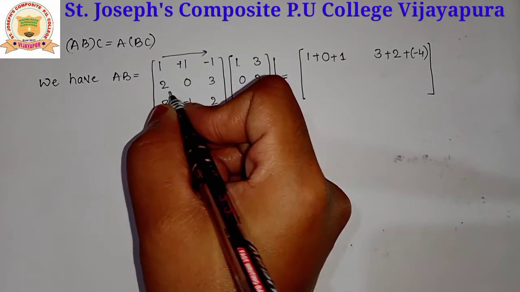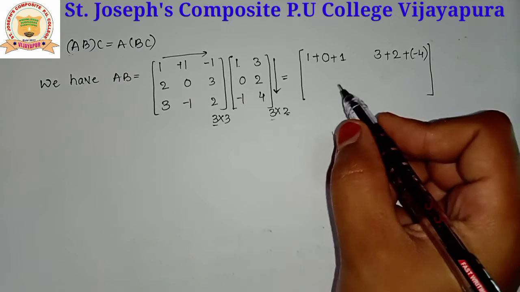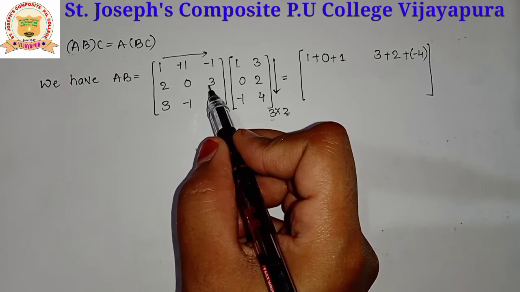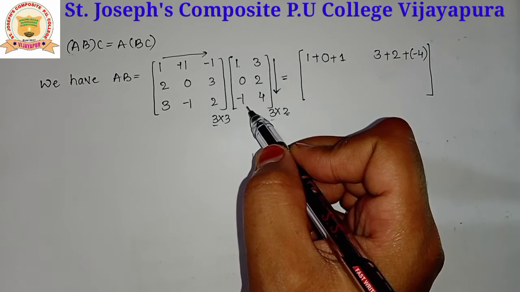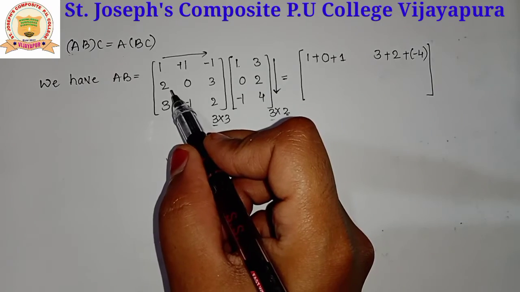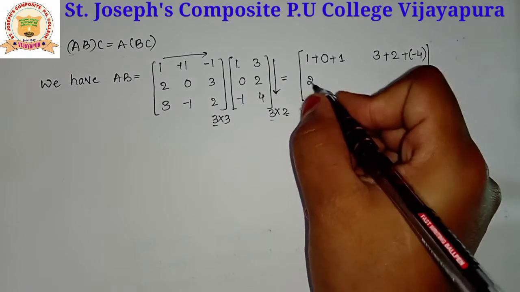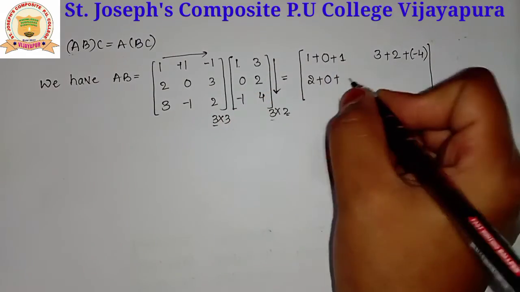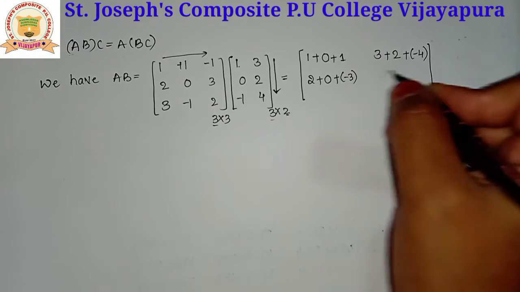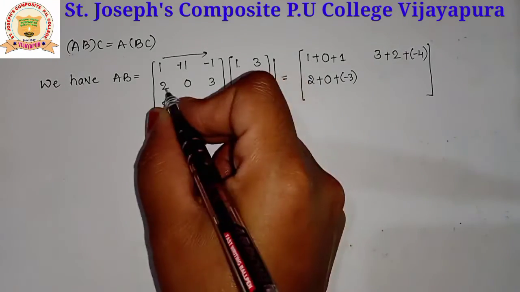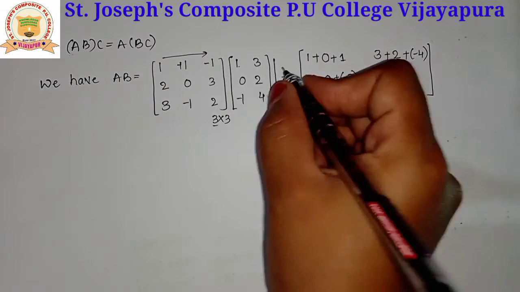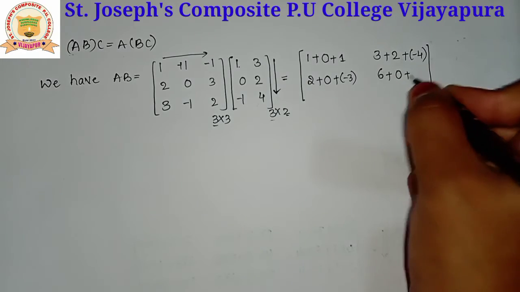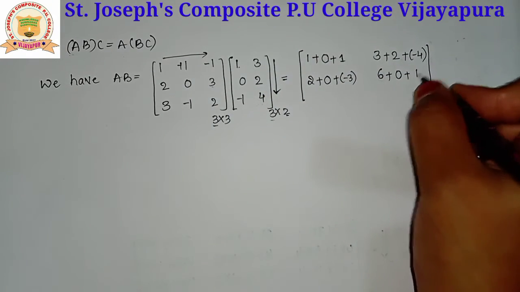Our next element will be A21, means we take the second row from matrix A and first column from matrix B: 2 into 1 is 2 plus 0 into 0, 0 plus 3 into minus 1 is minus 3. Our next element will be A22, second row, second column: 2 into 3 is 6 plus 0 into 2 is 0 plus 3 into 4 is 12.